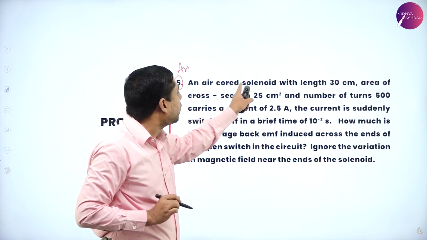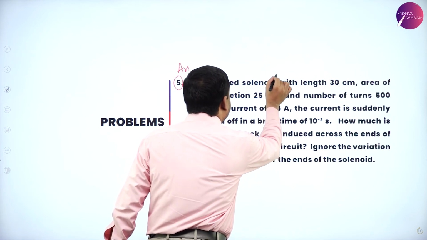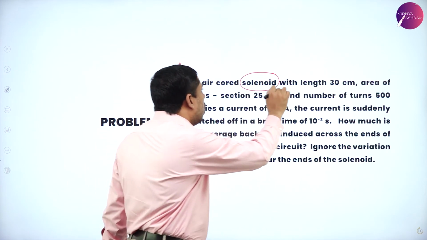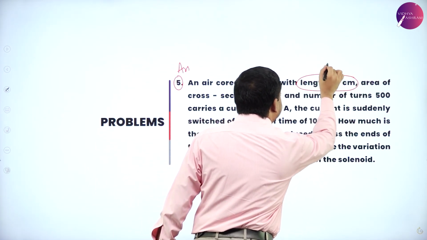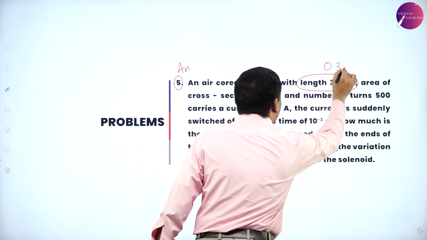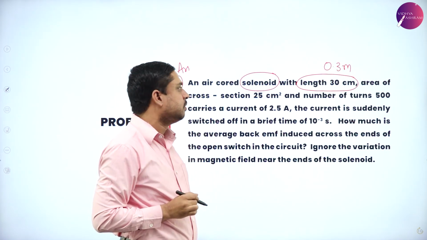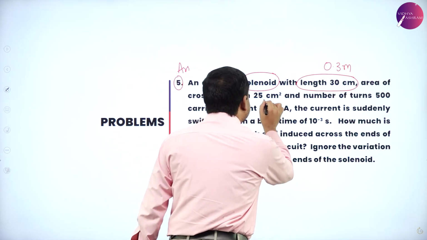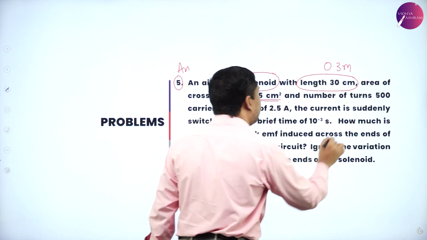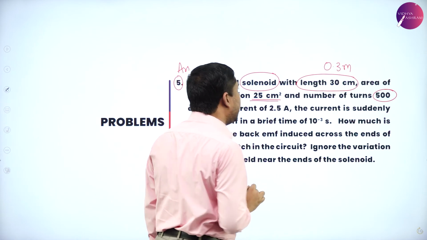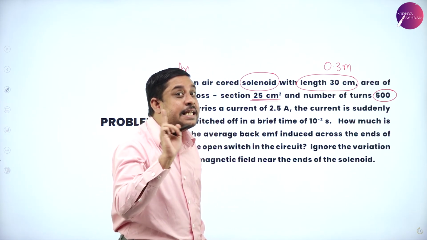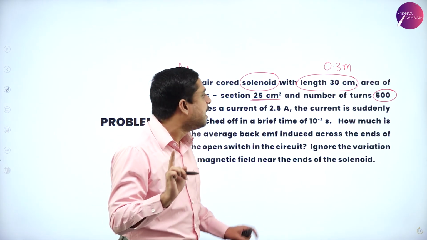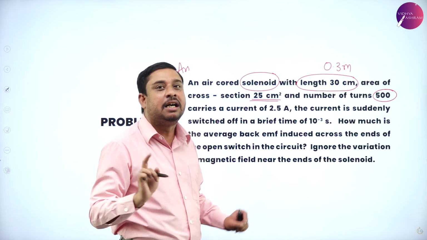A solenoid, again something to do with solenoid, whose length is 30 centimeter or 0.3 meter, has an area of 25 centimeter square and 500 number of turns. This is not turns per unit length. Simply he says there are 500 turns.